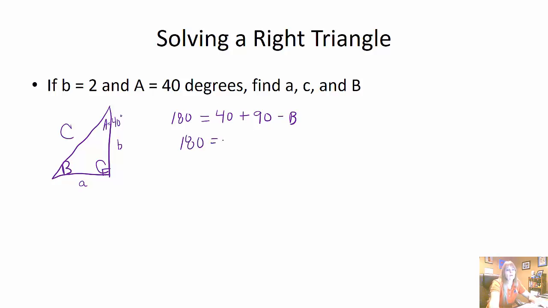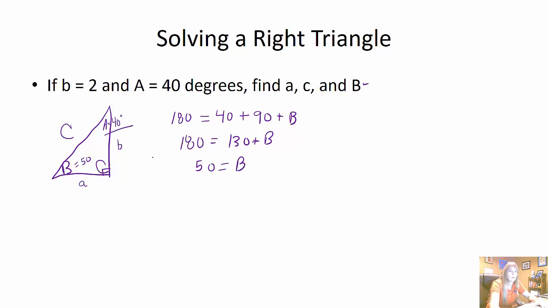So 180 minus 130, and so certainly B would have to be 50. So check, that's solved.